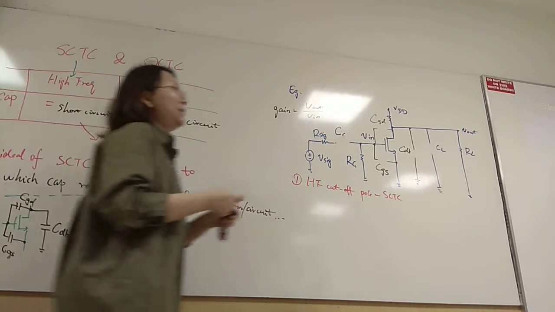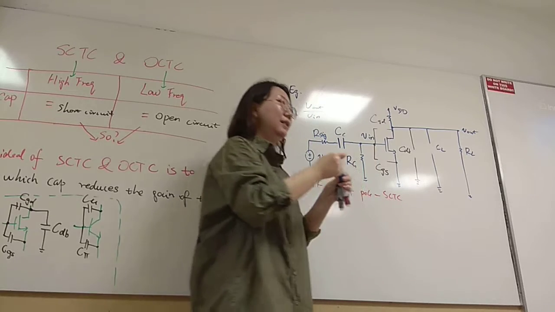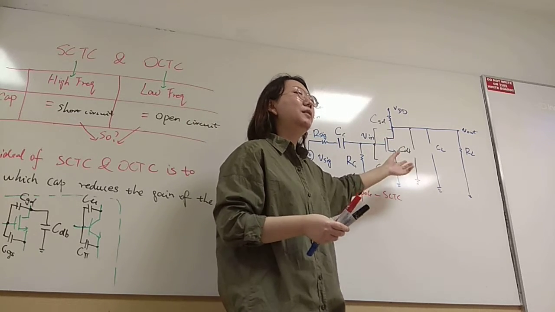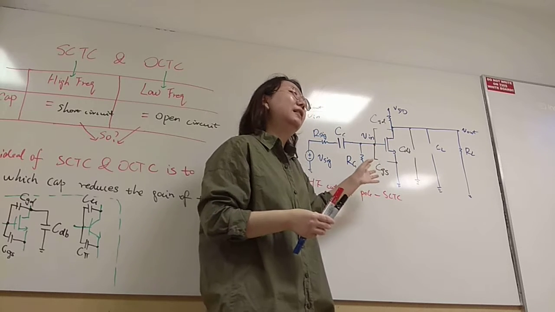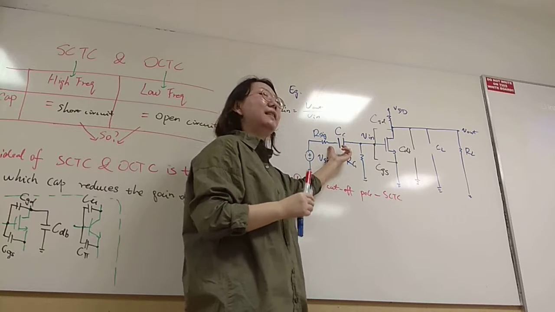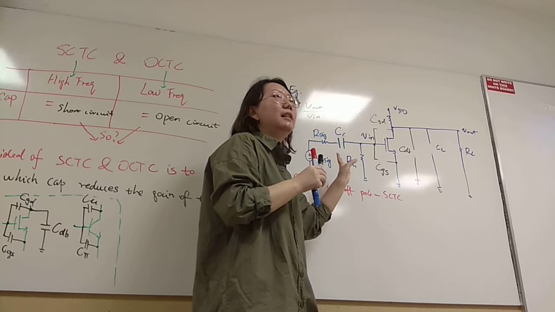We just put it back, but you need to remember, because we are still going to analyze other capacitors, right? So we want to resume to our original circuit first. So we put back this CC, but you need to remember this CC is not a troublemaker. That's all.